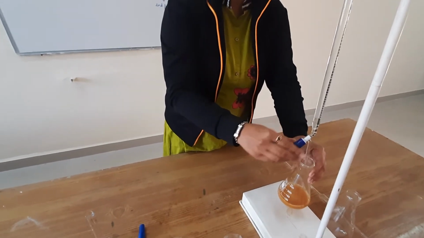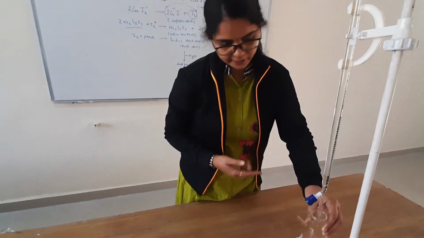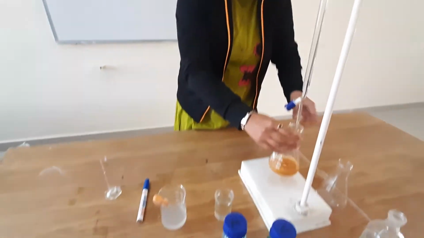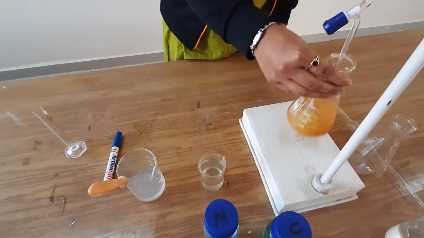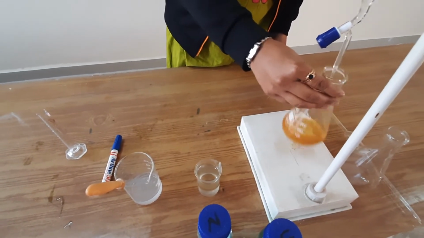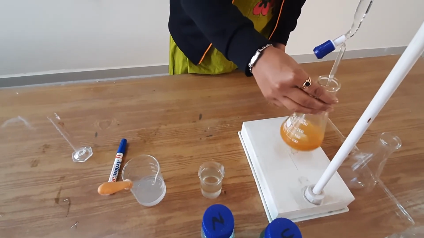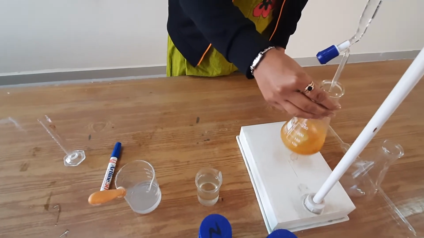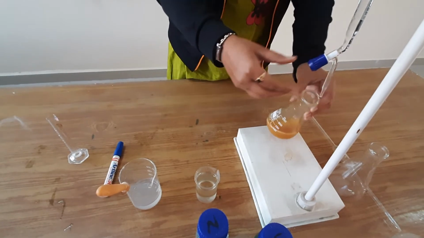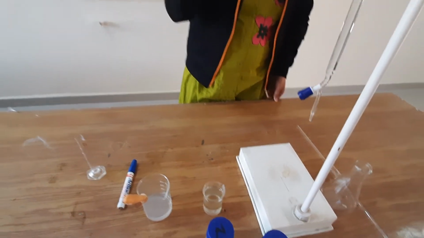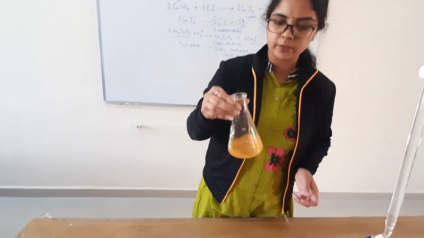When this reacts with hypo, there will be a slight disappearance of the reddish color and we will again get the yellow color. See, the reddish brown color has gone off a little bit.